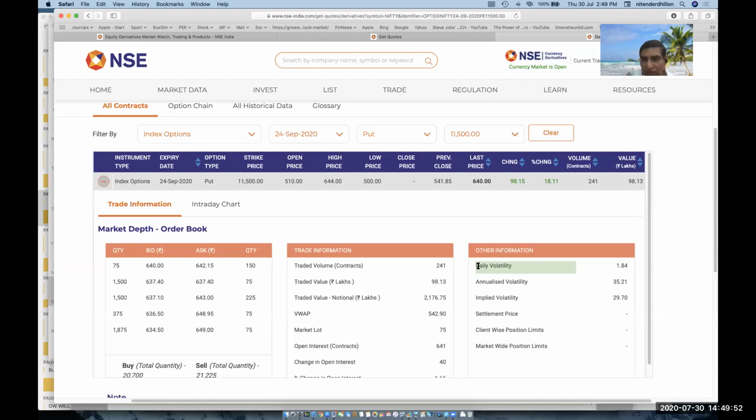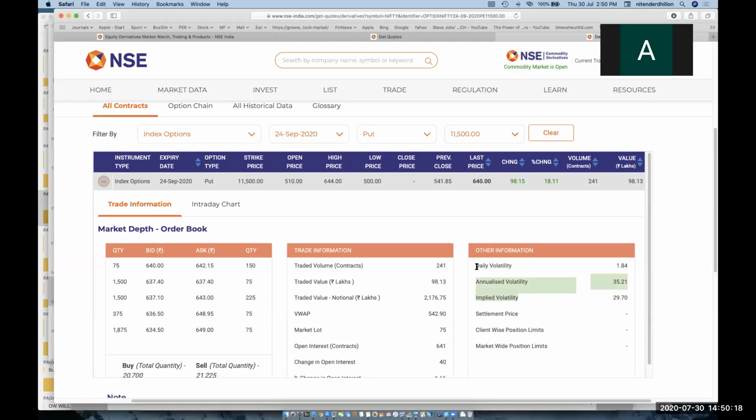Okay. So they are calculating on the daily basis, right? So that means if we take that and project it into the future, this is our historical data, right? Right. So then annualized volatility or implied volatility might be close to the same. It should be the same.